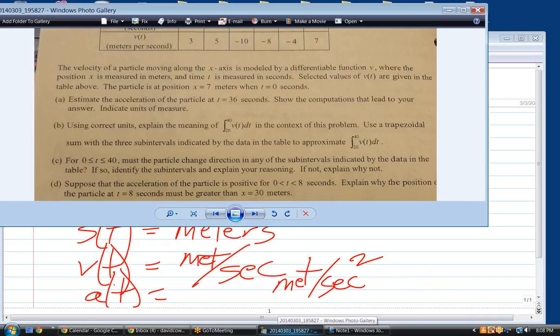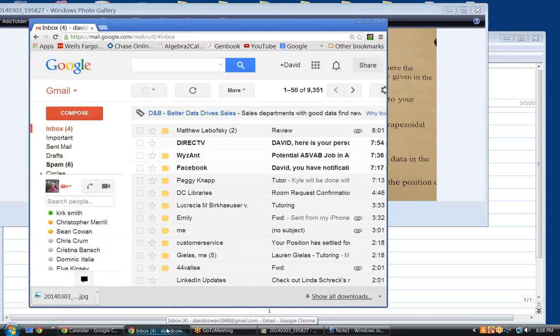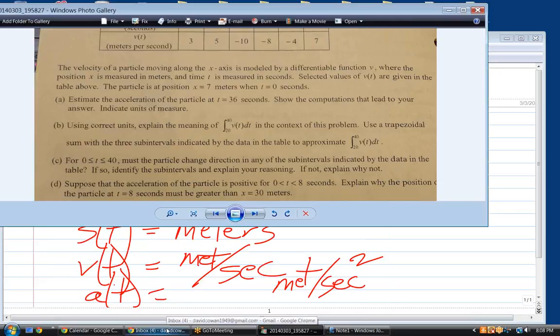All right. Let's look at B while I'm waiting to see what she said with that. Using correct units, explain the meaning of the integral of the velocity function from 20 to 40 in the context of this problem. What happens when you integrate a derivative function?